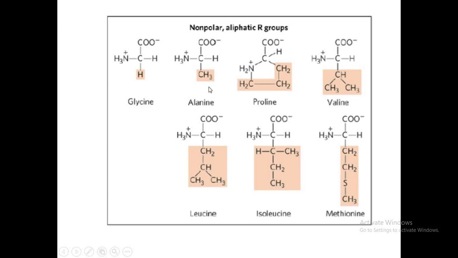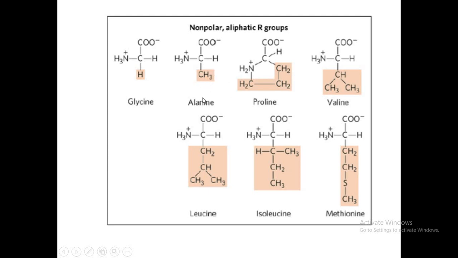So what is non-polar? They do not have any functional group that can make a hydrogen bond with the hydrogen of water, or this class of amino acid does not have an R group or side chain that can be soluble in water.